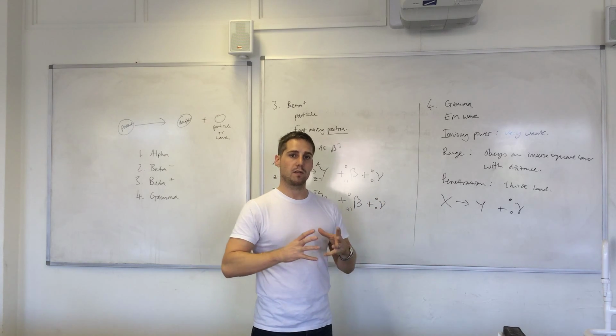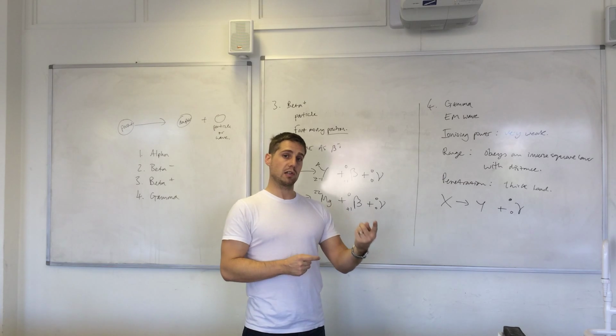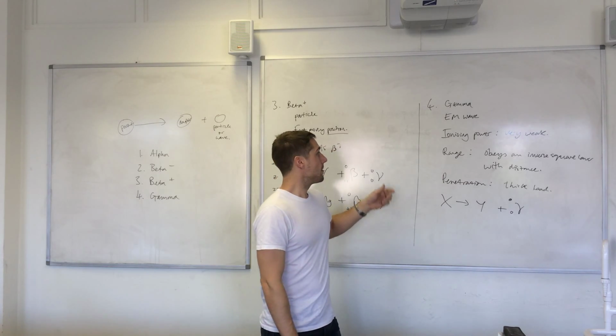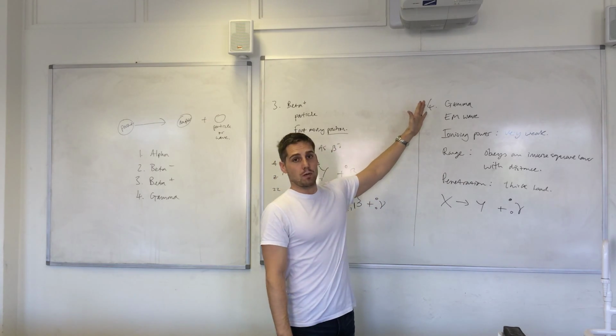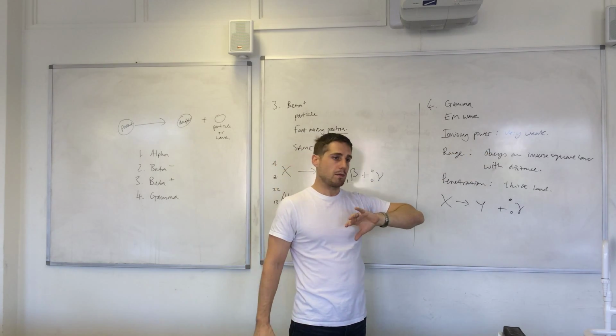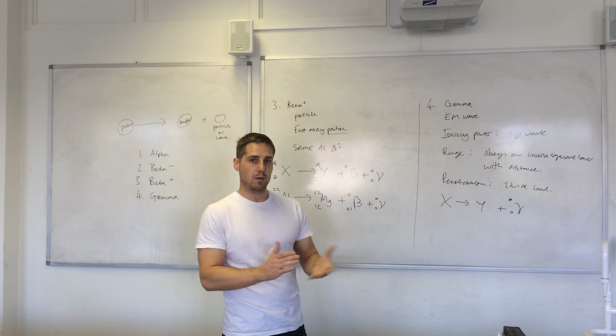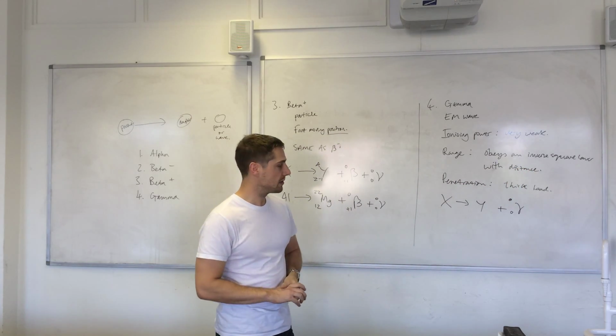Here, what's happened is the nucleus has too much energy, and so it needs to lose energy, pure and simple. So it emits gamma radiation, and the gamma photon carries the energy away from the nucleus. So that's why it occurs.